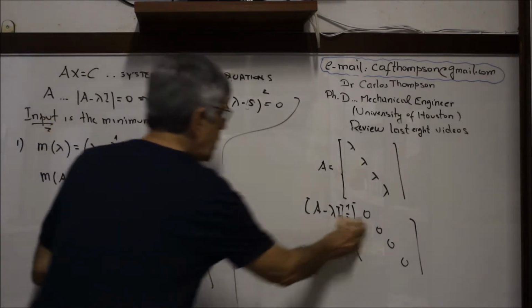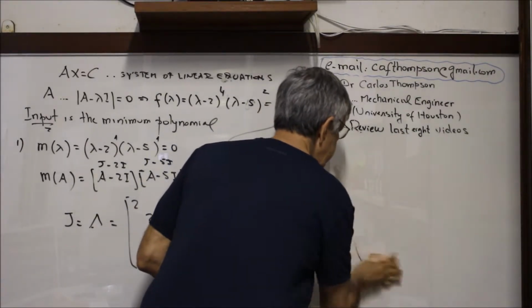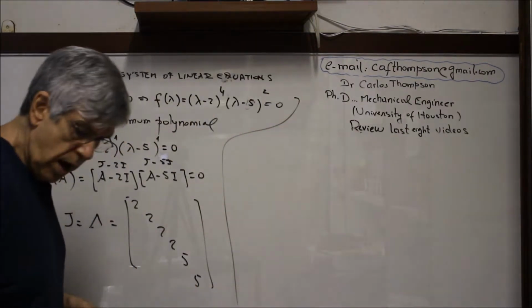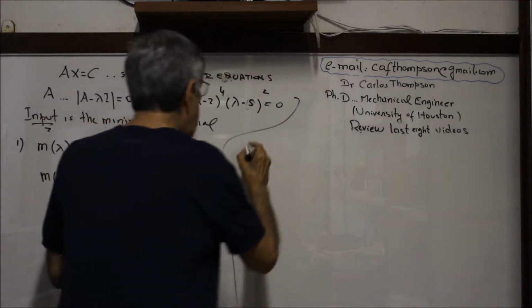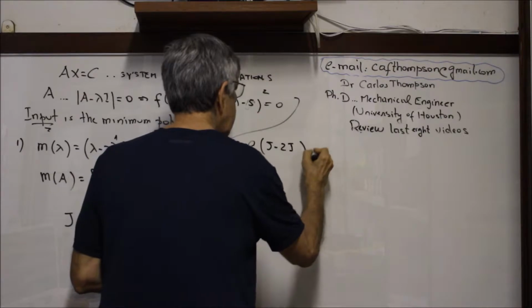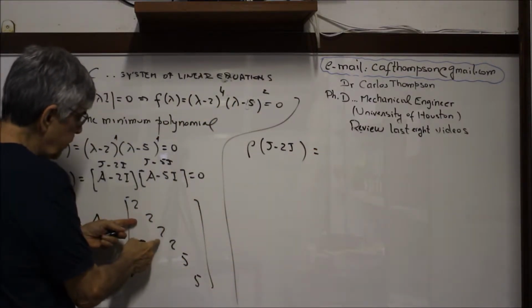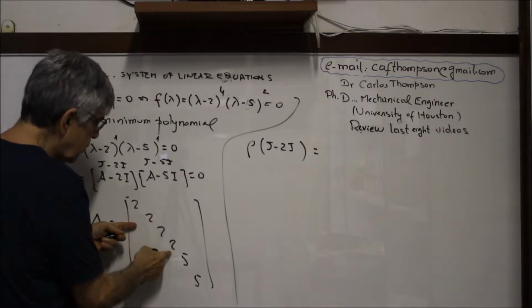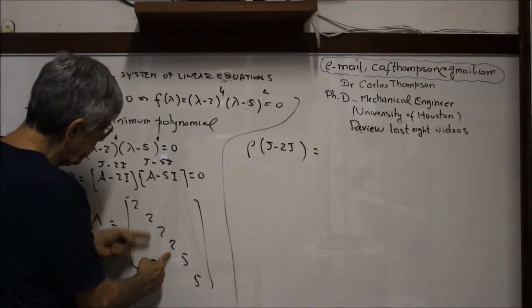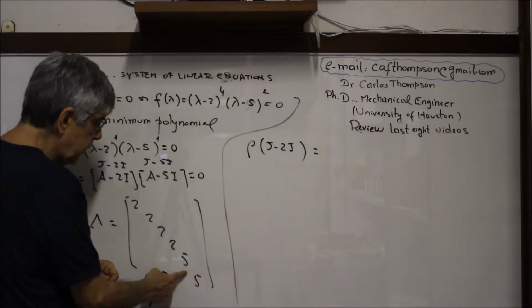Let's put here, what is the rank of A minus 2I, or the rank of J minus 2I? If I subtract 2 here, I get 0, 0, 0, 0. So there is no pivot over here. But 5 minus 2 is 3.